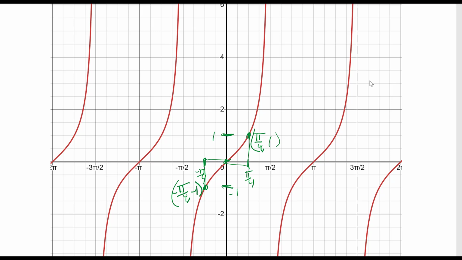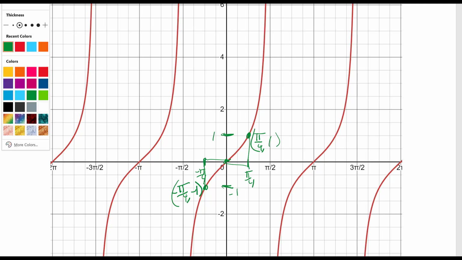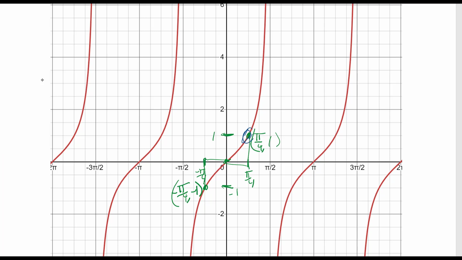What I'm trying to get at is that the integer crossings for the y values are going to be at 1 and negative 1. So 1 above where it started, and 1 down below. We're going down by 1, we're going up by 1.